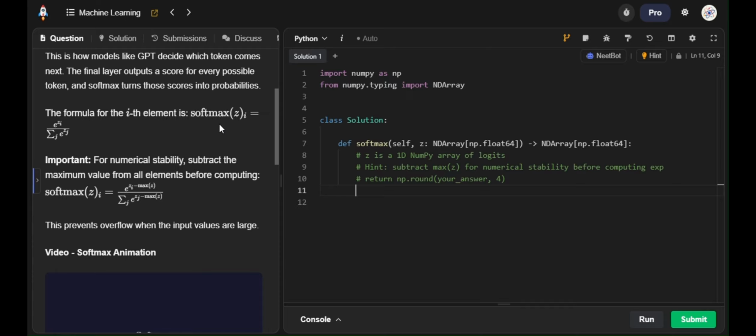For numerical stability, we subtract the maximum value from all elements before computing. So the new formula becomes exponential of z_i minus the maximum value in the power. This prevents overflow when the input values are large.